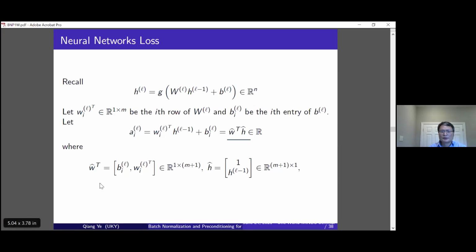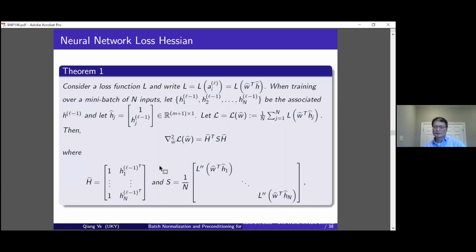Here W hat is stacking bi and Wi together, and H hat just adds 1 to the top of H. Now remember, Wi and bi are the parameters of the neural network, the actual variables we want to optimize. So W hat is the variable here.